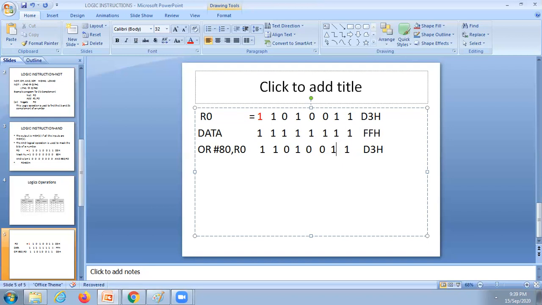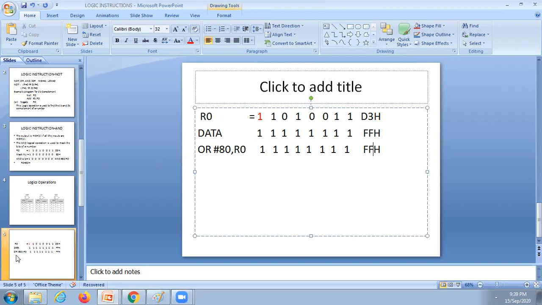The output will again be all ones. Why? Because 1 1 output is 1, 0 1 output is 1, because of our OR logic. So the output is FF. This is the example of OR logic.